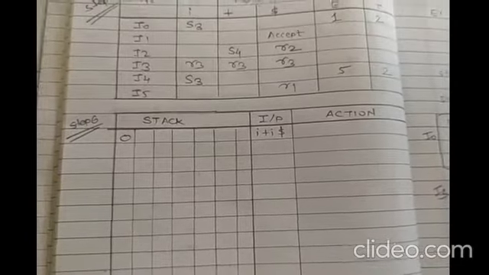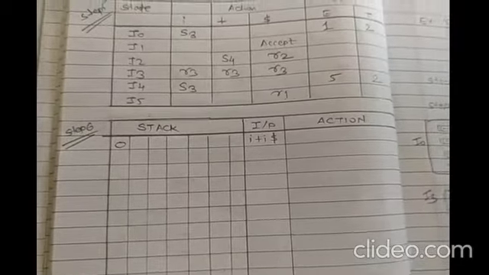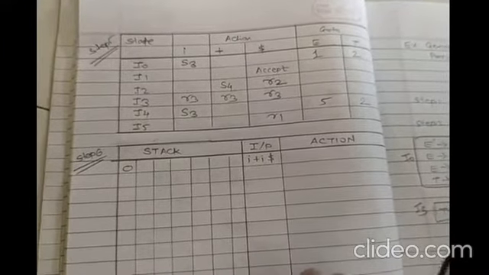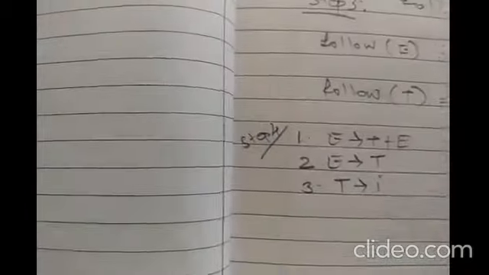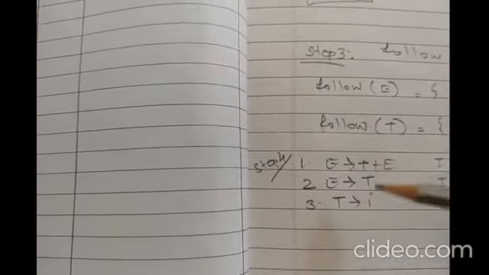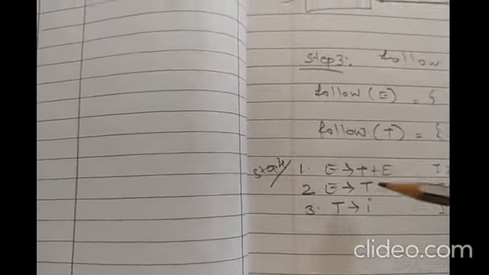Then write the input string into the input buffer, ending with the dollar, and we will write the action, that is shift or reduce. I have already named it. So these three grammars are used during the reduce operation.